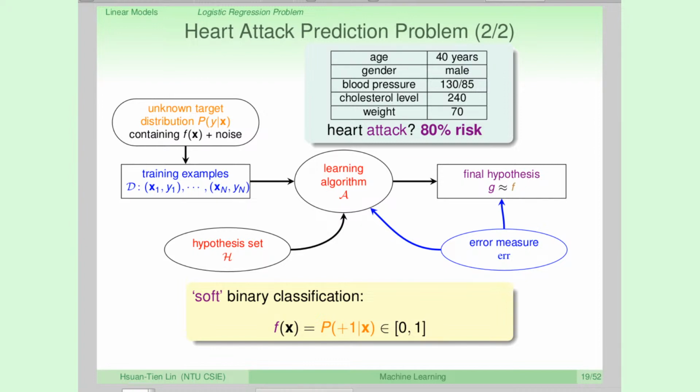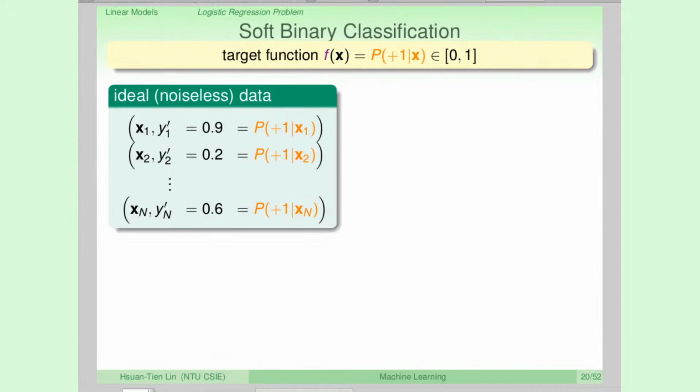We get the same data that we have for binary classification, but now we want the classifier to output a soft value that represents a different target function. The previous target function was whether the probability is greater than half or not. The current target function is directly the probability distribution that has generated the data. That's what we are going to do.